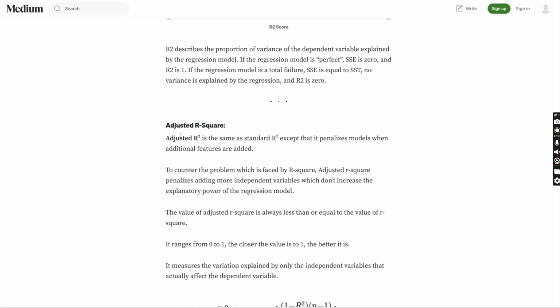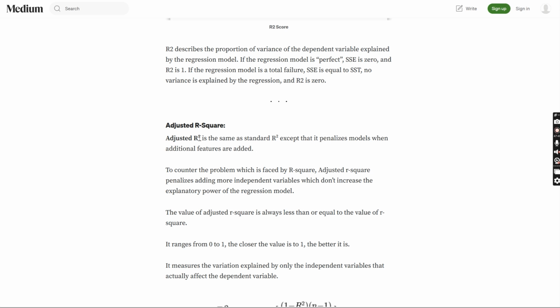That is why, in order to fix that issue, adjusted R squared is introduced. What adjusted R squared does is it penalizes. Every time you hear the word penalize, you should think of lasso regression or ridge regression. Penalize means it will start decreasing the impact of irrelevant features.